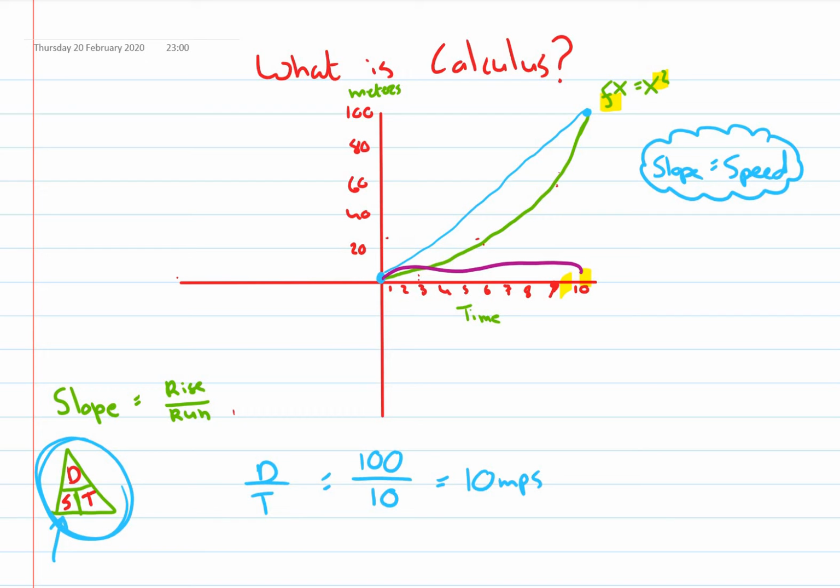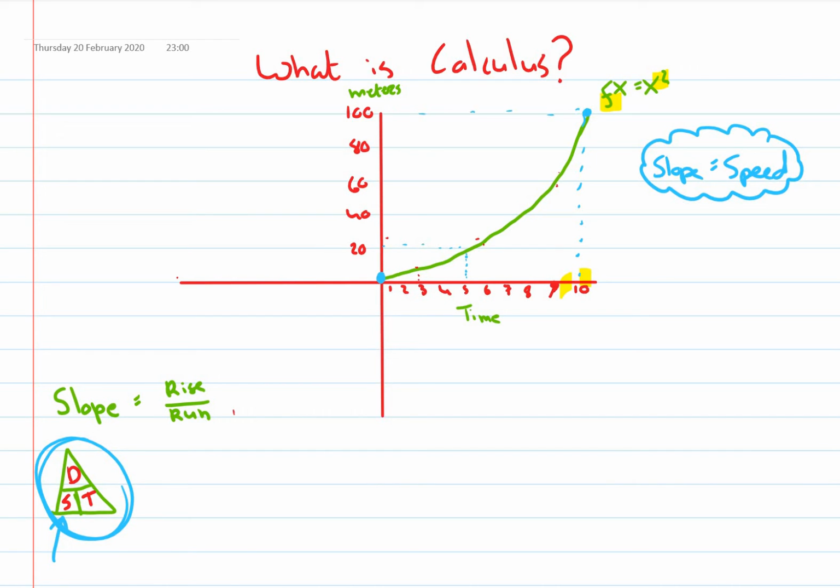However, what if I just wanted to find out his speed for the second half of the race? So we'll say from 5 to 10. Let's do it again. His average speed for the second half of the race. Again, speed is distance over time. The time he took, from 5 seconds to 10 seconds, is 5 seconds.